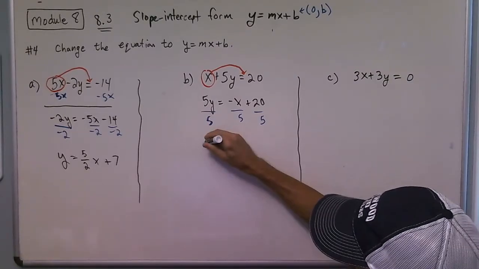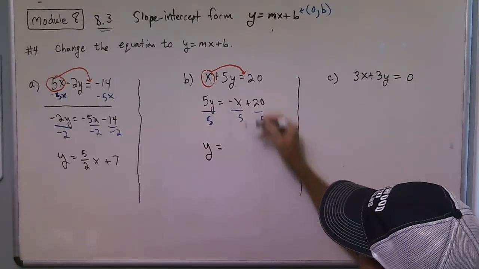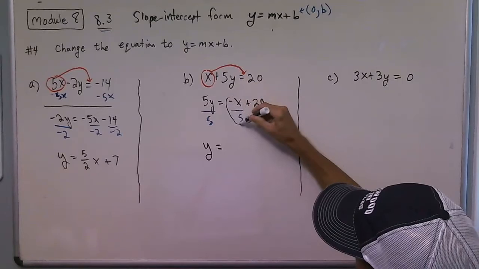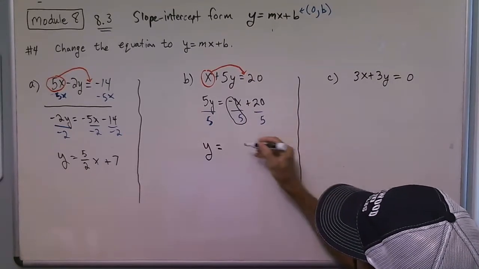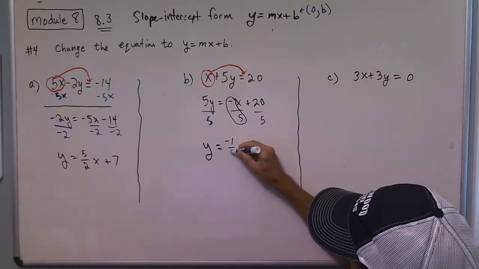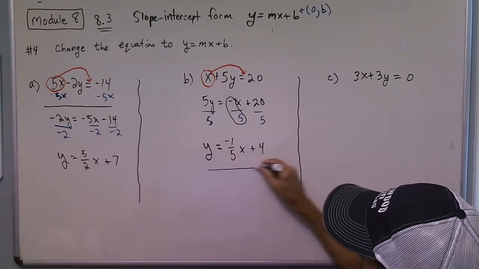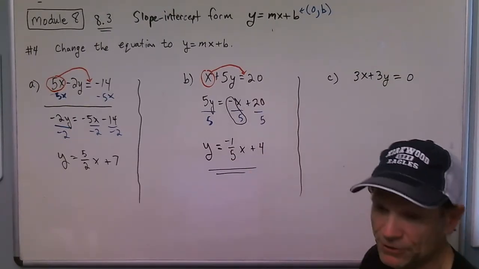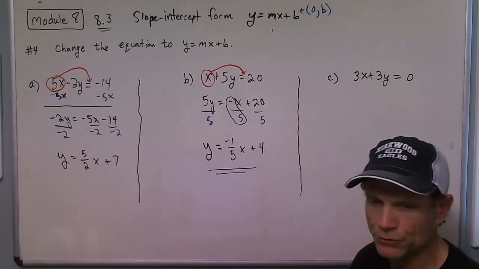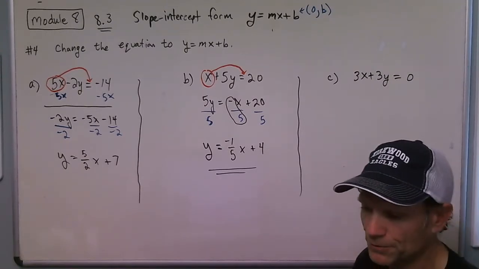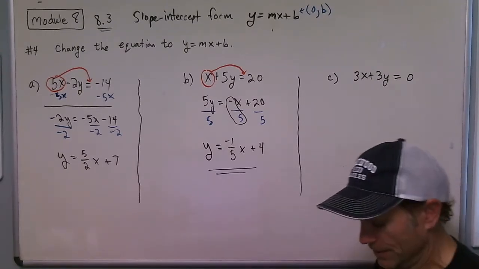Okay, so I get y equals, and hopefully you can spot this right here, negative 1/5 x plus 4. Okay, so kind of pulling that fraction off, because slope's most useful to us in fraction form, so we can do the rise and the run.